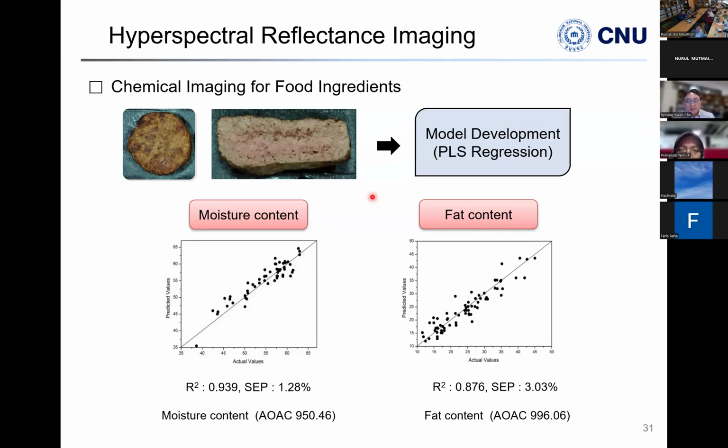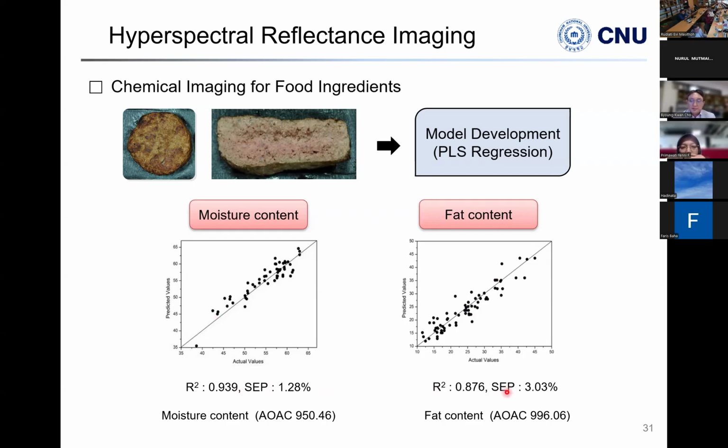We choose Y values, moisture content and fat content using chemistry. So using X values, spectral information, and Y values, chemical concentration, we can make a regression model.